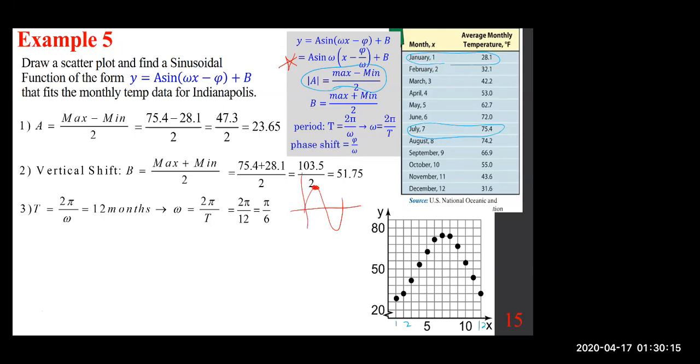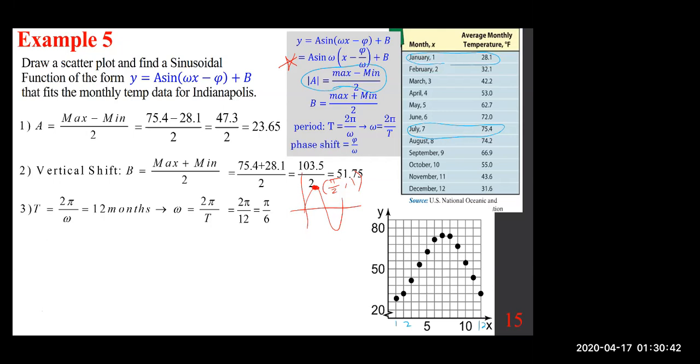The maximum for a basic sine function happens at pi over 2. That means t divided by 4. Therefore, let's assume there is no shift.